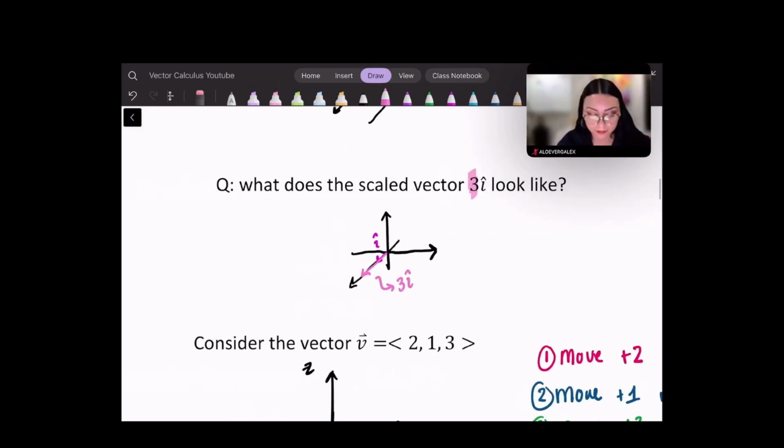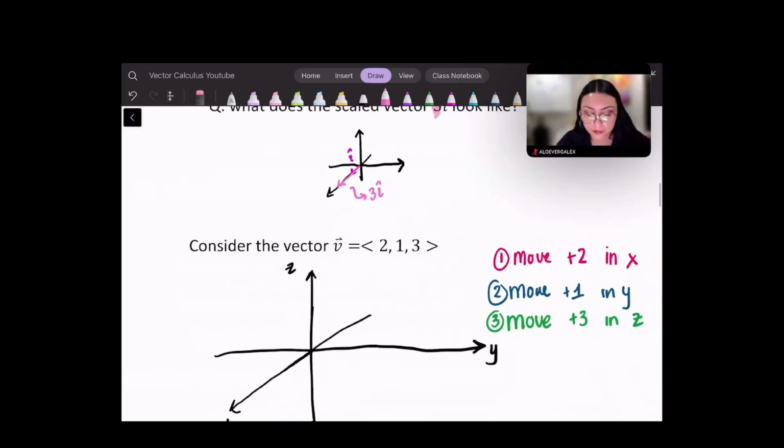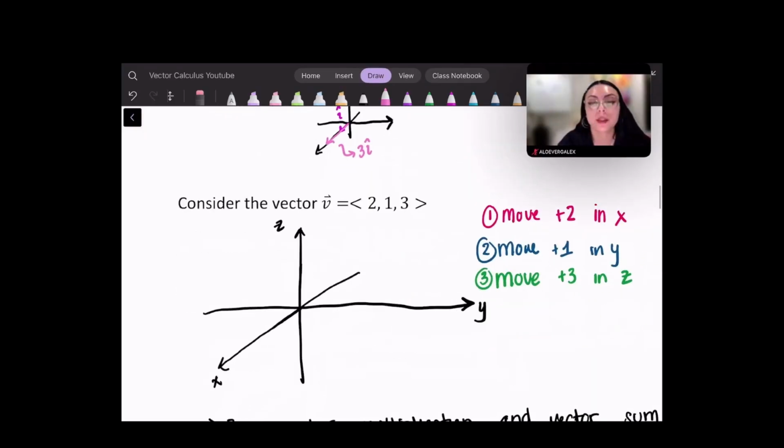Okay. So now let's consider another vector. Let's say it has components 2, 1, 3. So how would you draw this? Well, first, I will move 2 units along the positive x-axis. So let's say this is the number 2. So first I move 2 units this way.